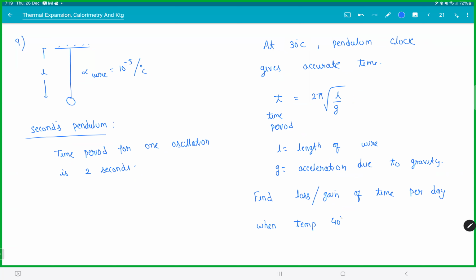If you use this clock at 40 degrees and try to measure the time, will you lose time or gain time? And how much do you lose or gain per day? You have to tell me two things: how much, and are you gaining or losing? In the formula, L increases, g is constant. So if L increases, time period increases. The clock doesn't work properly at 40, you'll get an error. So are you losing or gaining time, and how much is that per day?